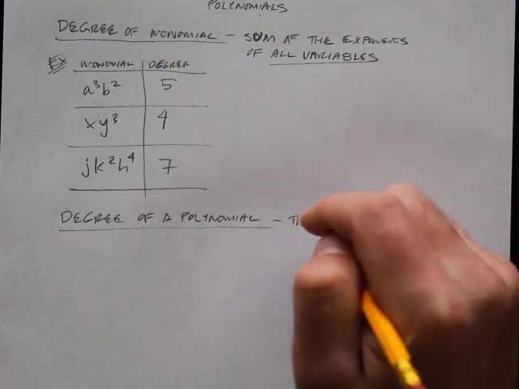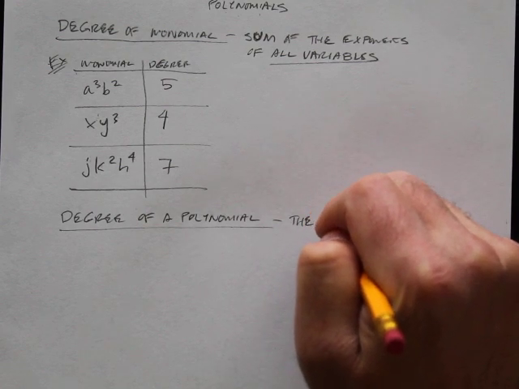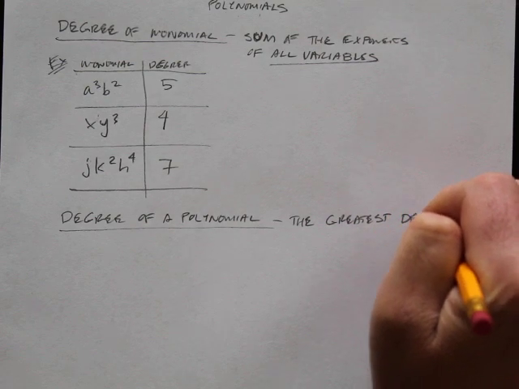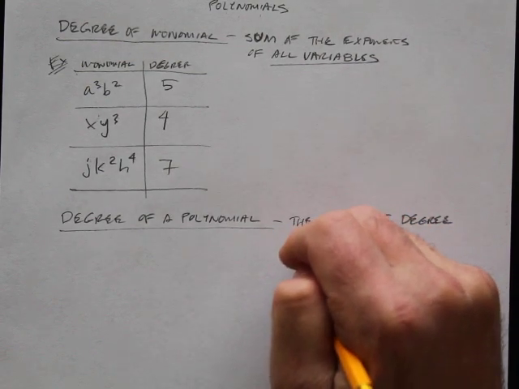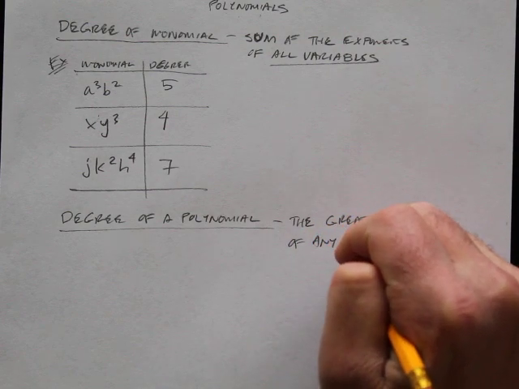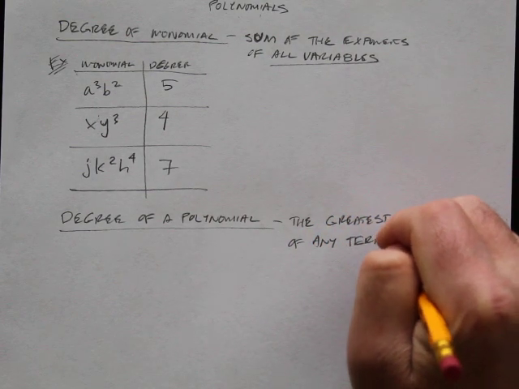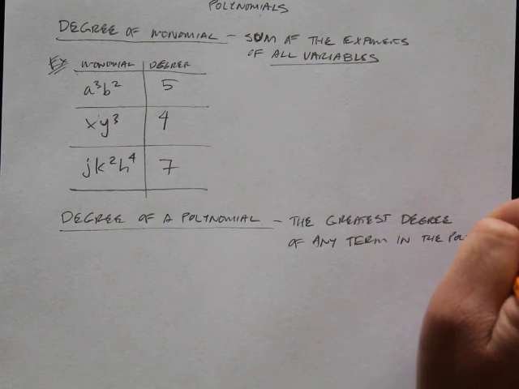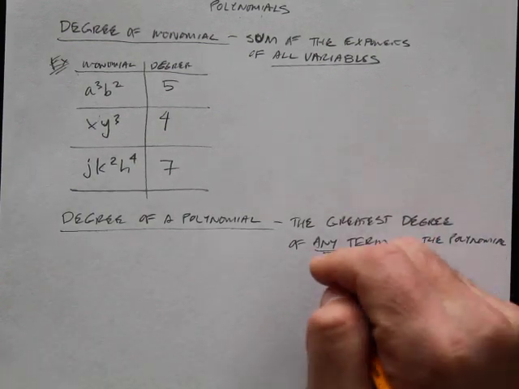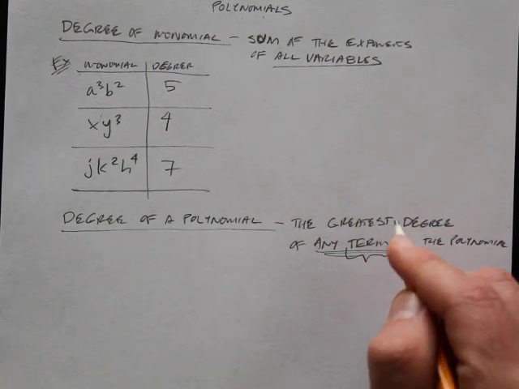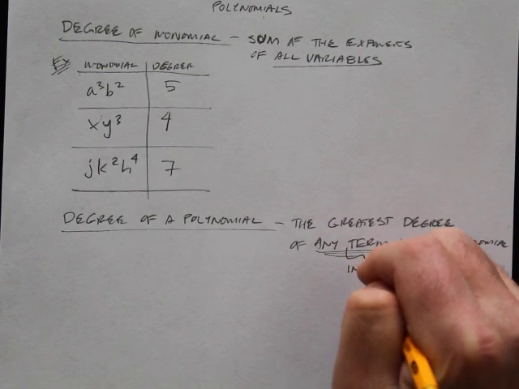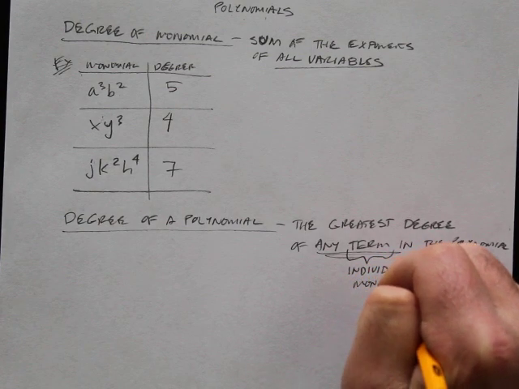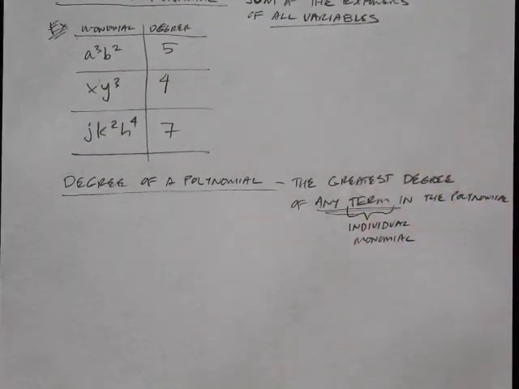So the degree of a polynomial is the greatest degree of any term in the polynomial. So when we're talking about any term, we're talking about individual monomial. So whichever one is the greatest, that's the one that is the degree of the polynomial.